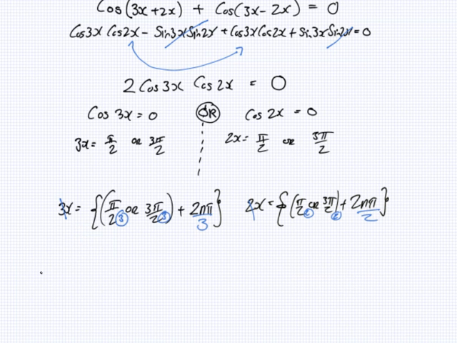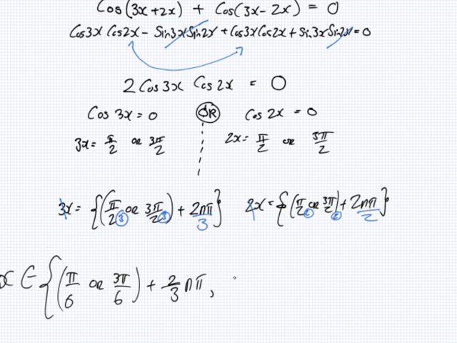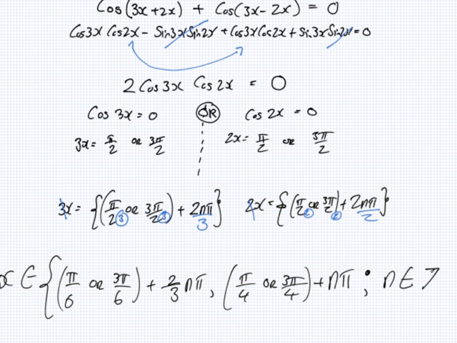So you end up with saying x has to be pi over 6 or 3 pi over 6 plus 2/3 n pi, or you could have pi over 4 or 3 pi over 4 plus n pi, and n is an integer. So you have 4 basic answers, and you can add multiples onto that as many times as you like.